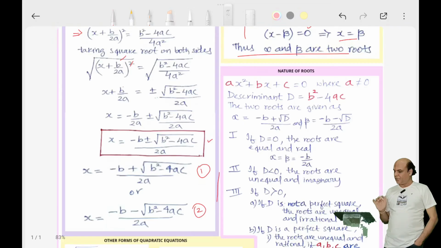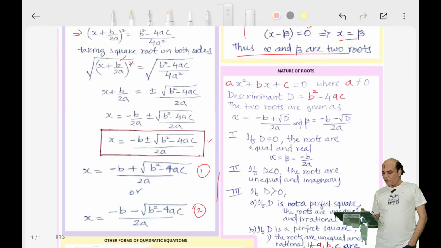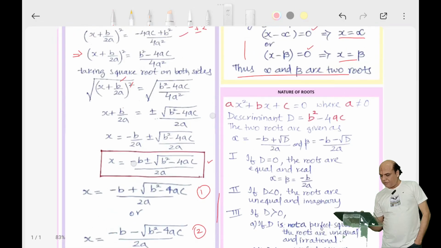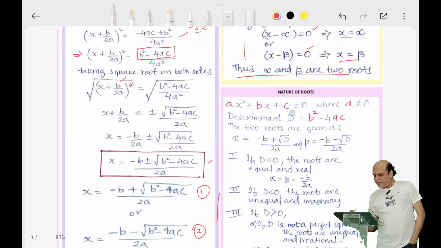This you need to understand. Here, as we have seen in the earlier proof, the quantity b square minus 4ac, see this quantity, this quantity is called as discriminant D.